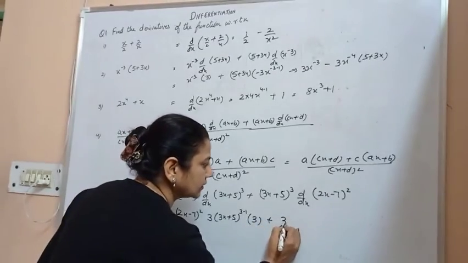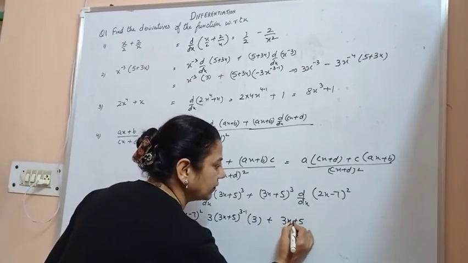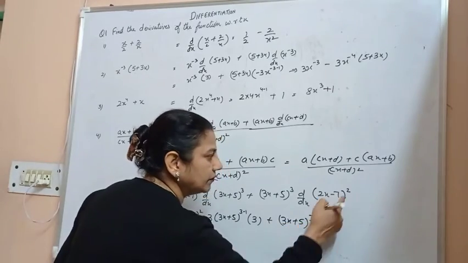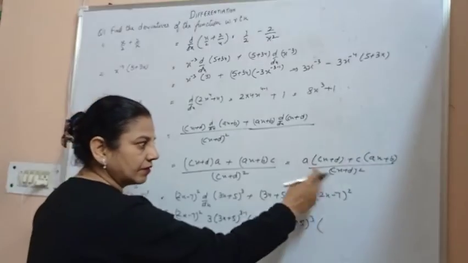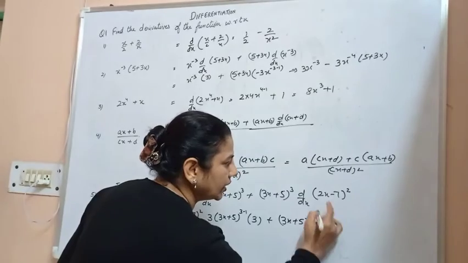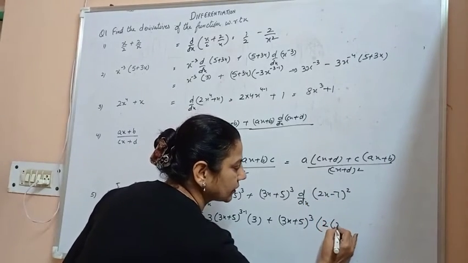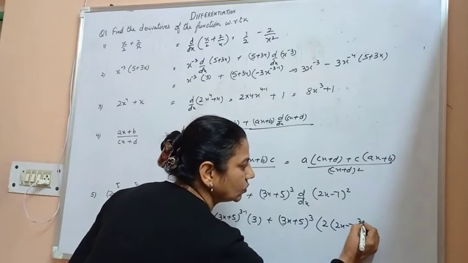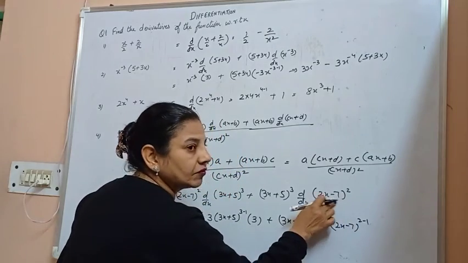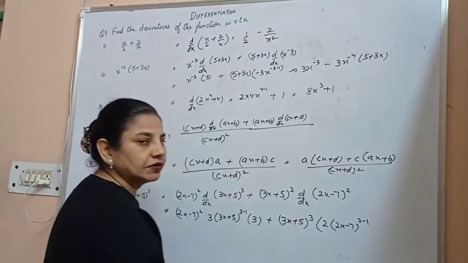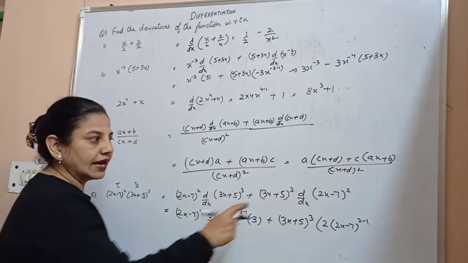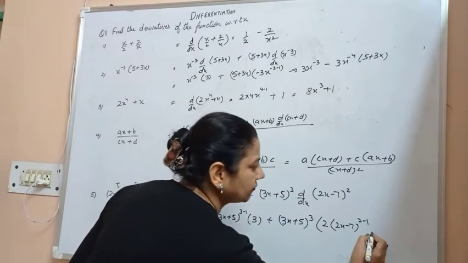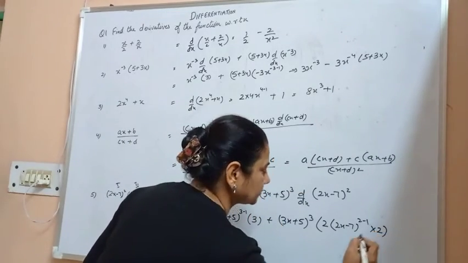Next is 3x plus 5 whole cube. The derivative of the given function: take the power forward. So you have 2 into the given function 2x minus 7 to the power 2 minus 1, and the derivative of the bracket. In this bracket, the derivative of 2x minus 7 is 2 and the derivative of 7 is 0, so we are left with only 2.